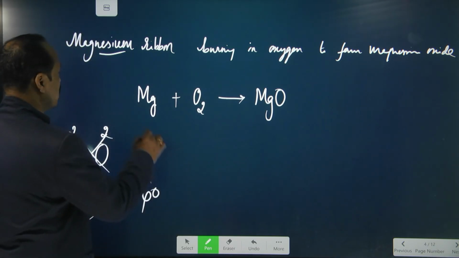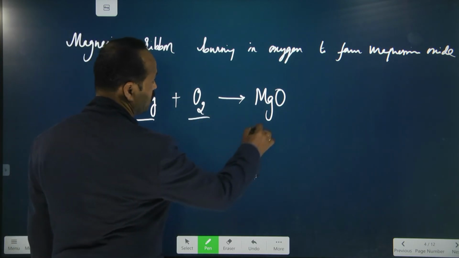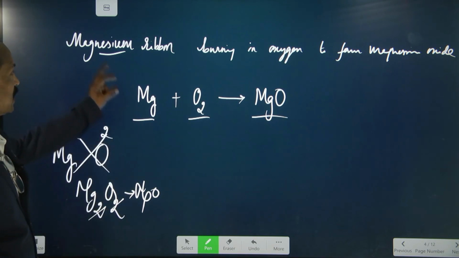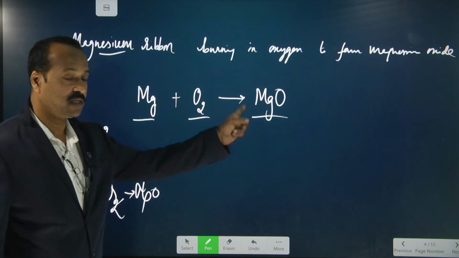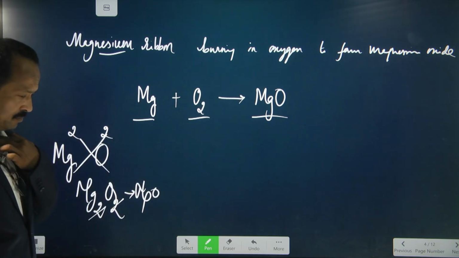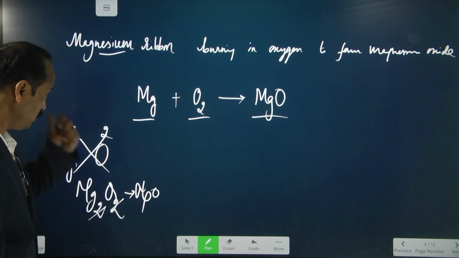The symbol of magnesium is Mg. Symbol of oxygen is O2. The formula of magnesium oxide is MgO. So this is correct. Magnesium symbol is Mg, correct. Oxygen formula is O2, correct. Magnesium oxide is MgO, that also is correct, right?